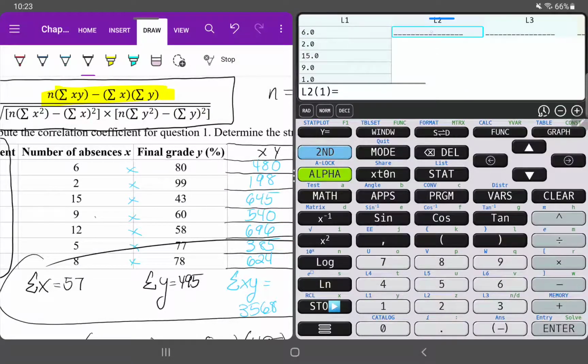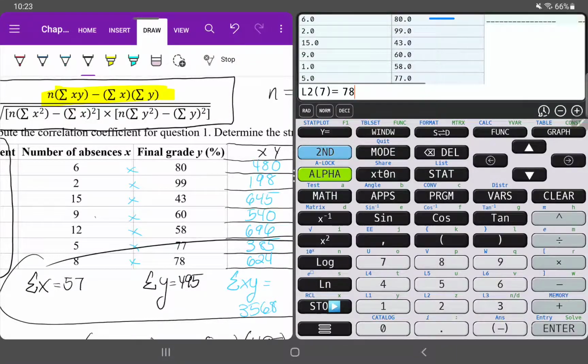Now, in your second list, put in all the Y values. 80, 99, 43, 60, 58, 77, 78. Okay. After you do that, I want you guys to go back to stats.